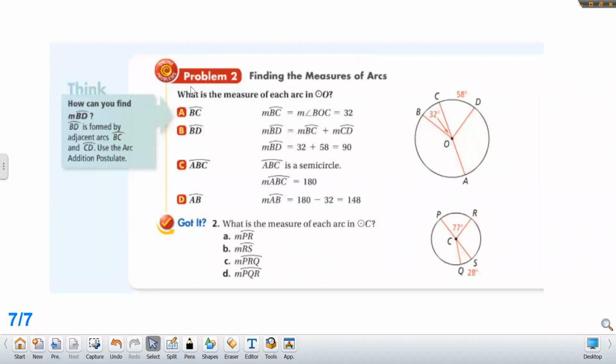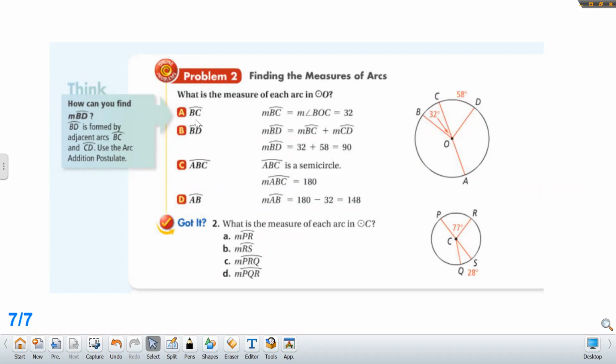Here, in problem 2, finding the measurement of arcs. If this arc is 32, the opposite angle, the central angle, which is the angle that comes from the center, is also 32. If the arc here is 58, the central angle here is also 58.